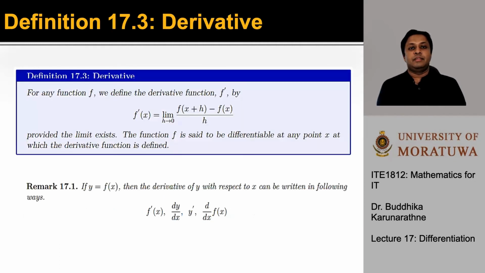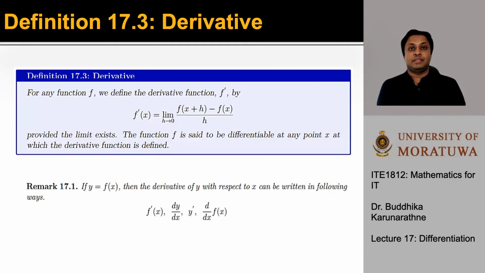So here is the definition of the derivative. For any given function f, we define the derivative of that function as f prime of x, which is defined as the limit of f(x plus h) minus f(x), divided by h, when h approaches 0.